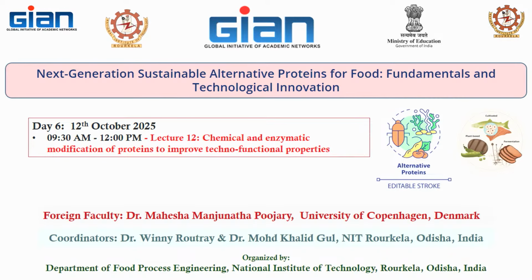All right, so let us summarize again what we did yesterday. Yesterday we talked about how we can use different techniques to improve digestibility, what we mean by digestibility and bioavailability, and what different techniques people use to assess protein quality today.